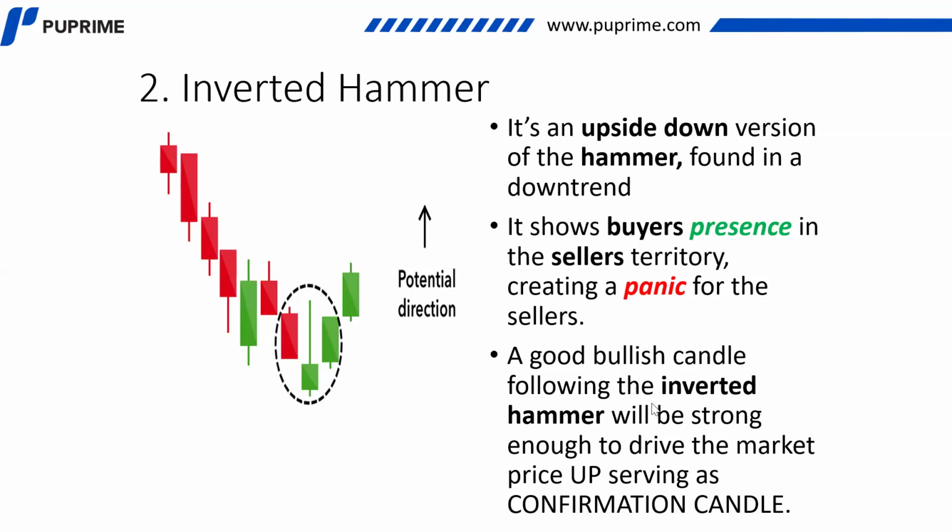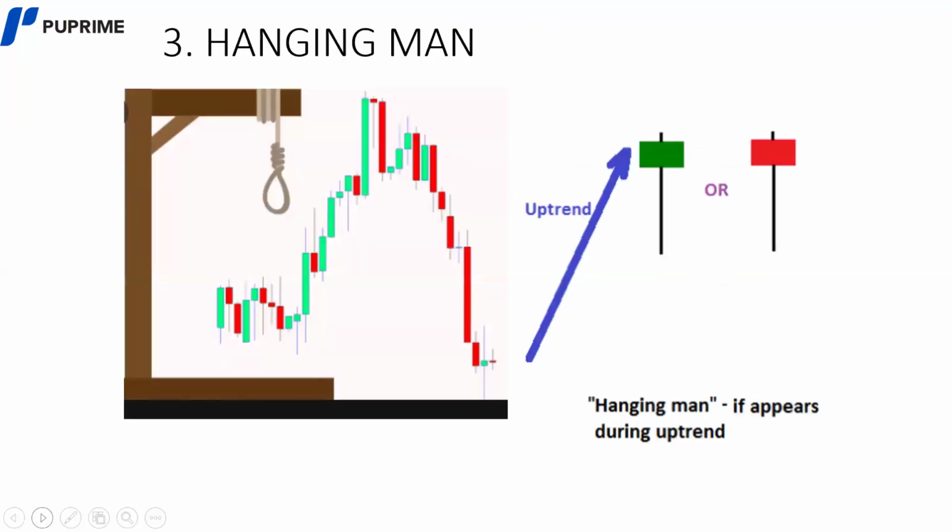A good bullish candle following the inverted hammer will be strong enough to drive the market price up, serving as a confirmation candle. So when you see candlesticks with a longer wick, the next candlestick has to be bullish, provided that the trend is an uptrend and we have a support zone. That is when you can take your entry.